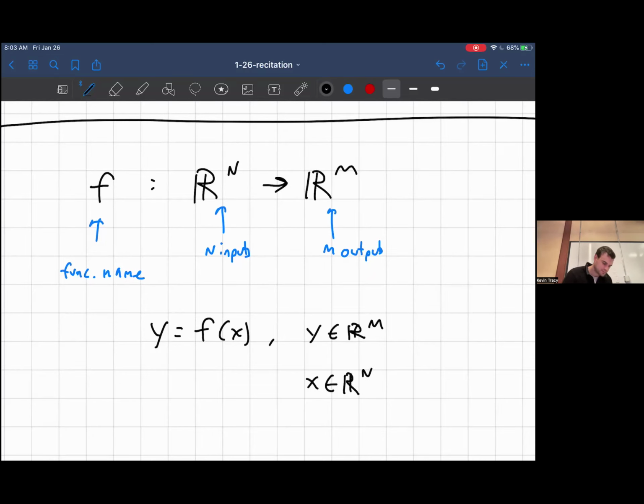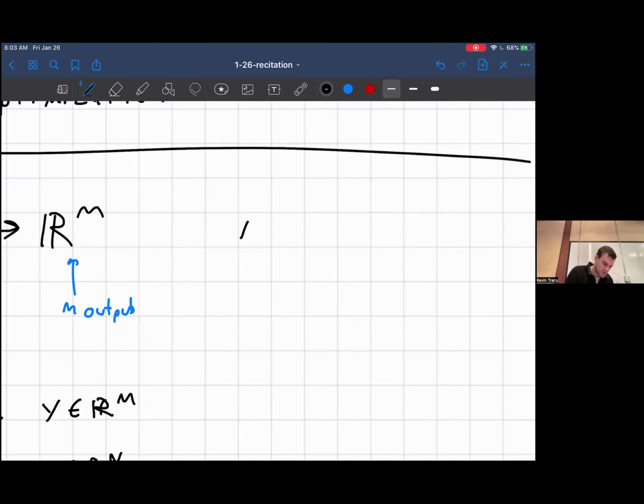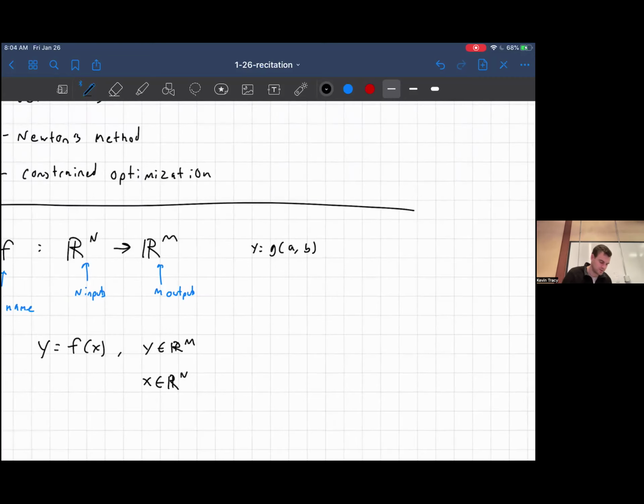And sometimes you'll see for functions that have multiple inputs, the signature will be a little different. Specifically, if we have some sort of y equals g of a and b. This is not super important, but if you see this notation, this is what this means.